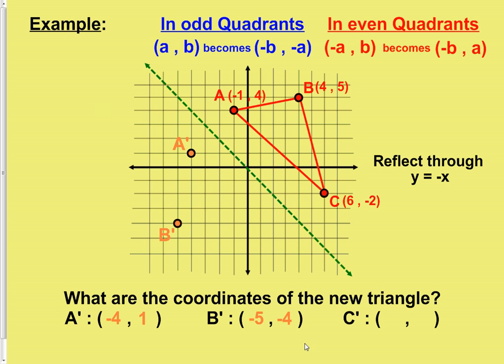So we are going to have an x value of +2 and a y value of -6. Plotting that point, we are at that location that just showed up in the graph. And of course that is C prime. From there we can connect the points and we have our image.